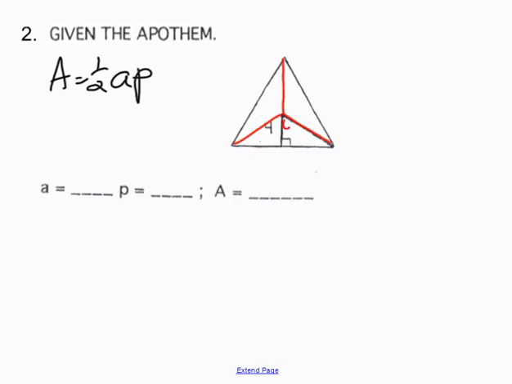So now this is 60. This is 30. So the short leg of that 30, 60, 90 triangle is 4. So that's the apothem, we have that.